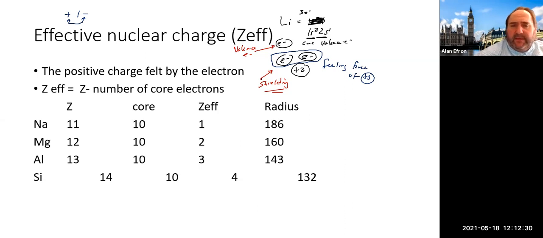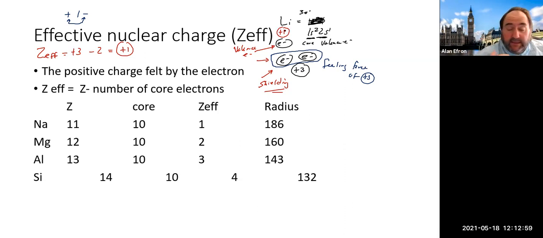So what is it feeling? Well, we can calculate what is referred to as the effective nuclear charge that that electron is feeling by taking Z, which is the number of protons, the atomic number, minus the number of core electrons, which in this example would be 2. So +3 minus 2 gives you a +1 charge. So this valence electron out here is not really feeling a +3 attraction to the nucleus.